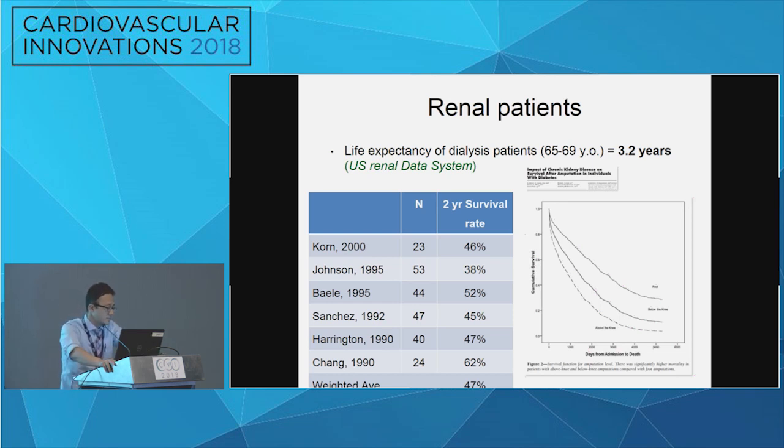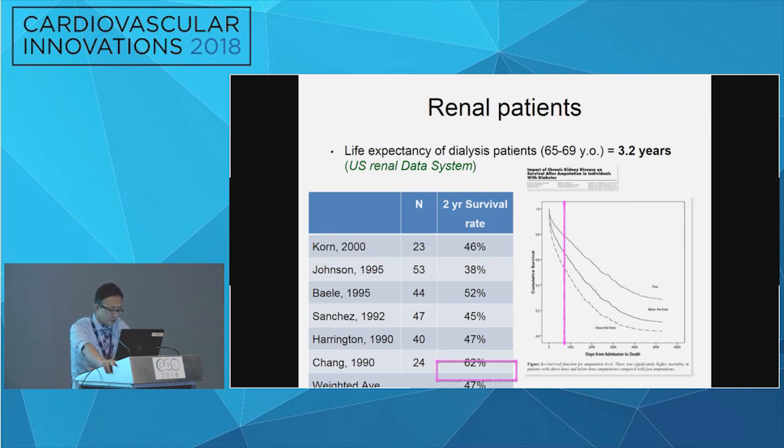And when I look at those people who are dependent on dialysis, their average life expectancy is about 3.2 years. And this data on the left, the 2-year survival of those people who had a vascular procedure, not the 5-year survival, is about 47%. And this is the data we collected from Central Texas and San Antonio when I was a fellow, actually.